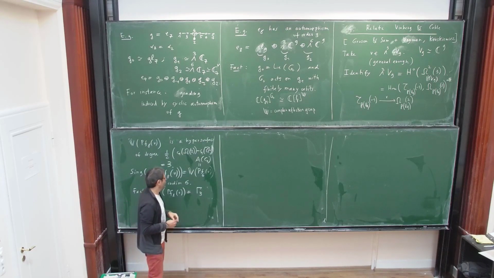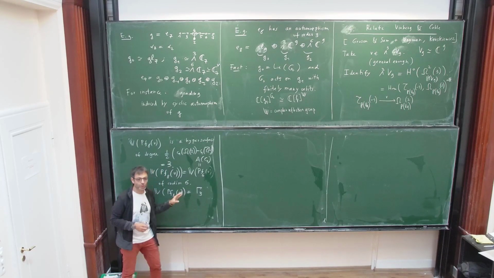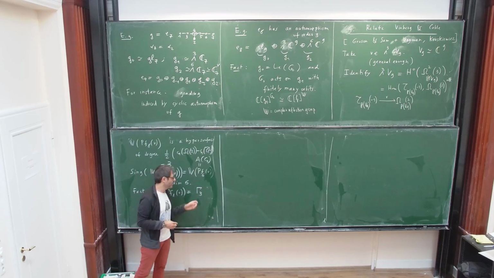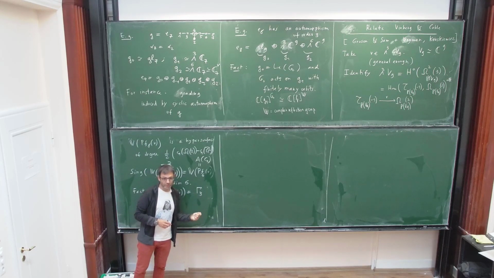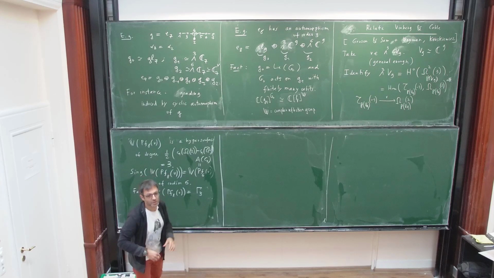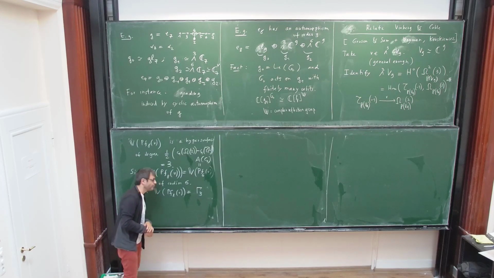There's some story that one can tell here to identify the level 3 structure on this Abelian surface using this, but it's a bit involved.